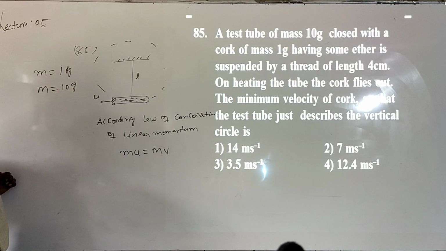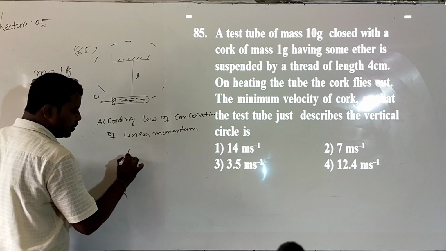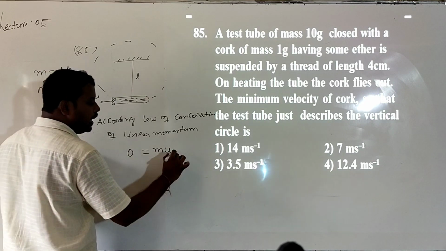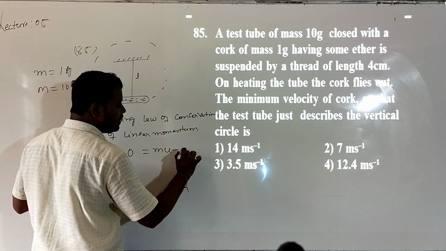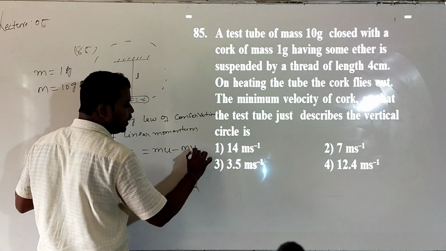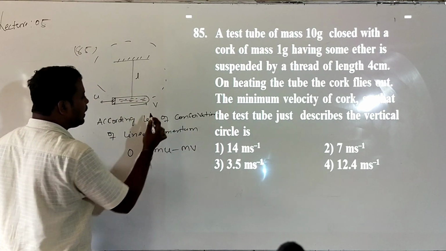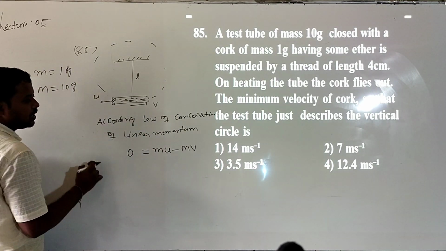Now, according to the law of conservation of linear momentum, the initial momentum is 0. The final momentum of the cork is m into u, and the final momentum of the glass tube is capital M into v, in the opposite direction. Why do we take a minus sign? Both are in opposite directions.